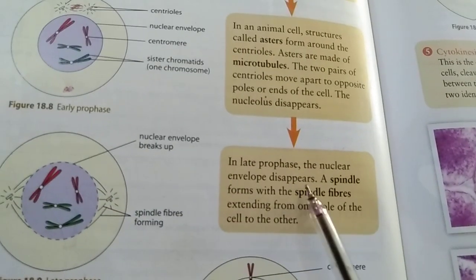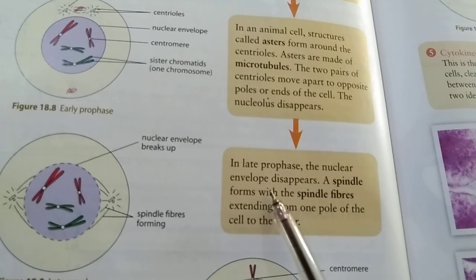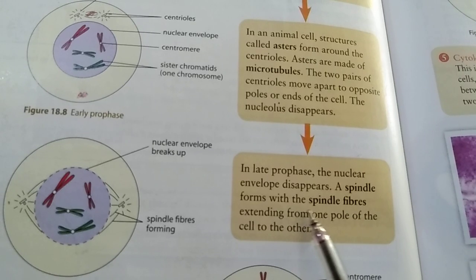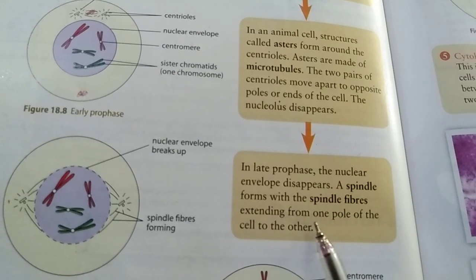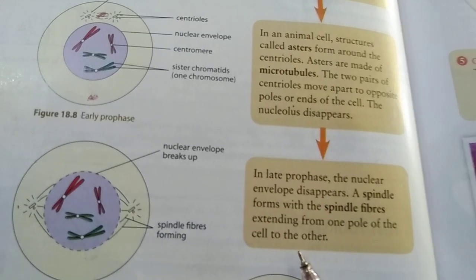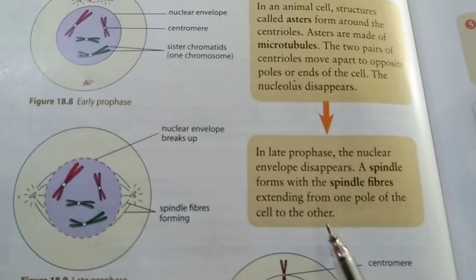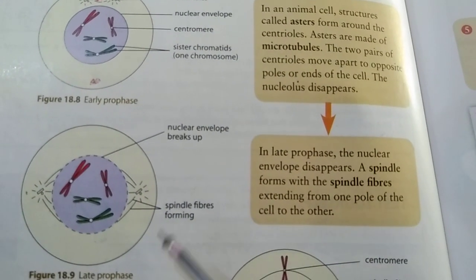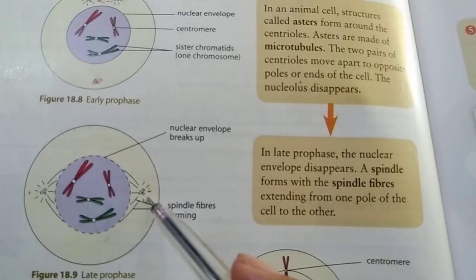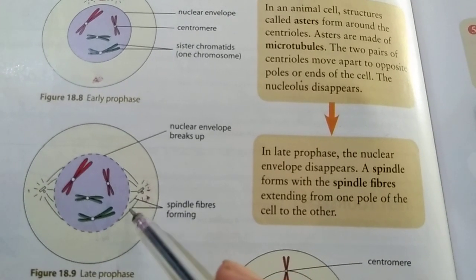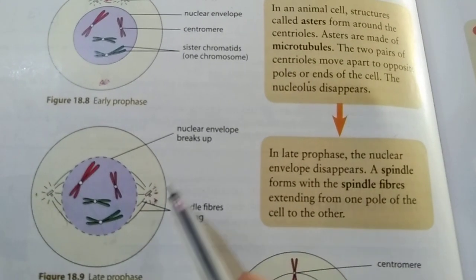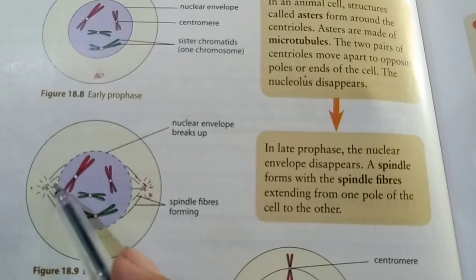In late prophase, the nuclear envelope disappears. A spindle forms with the spindle fibers extended from one pole of the cell to the other. Now here spindle fibers are formed. These are centrioles, and this structure is called the aster, made of microtubules. These microtubules enlarge in size like this.